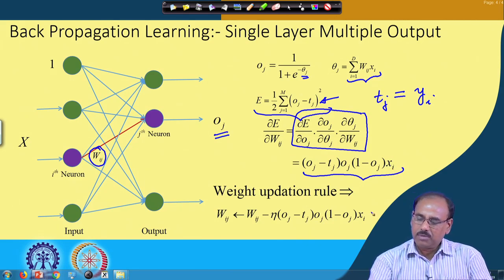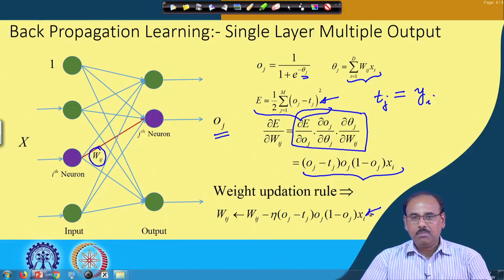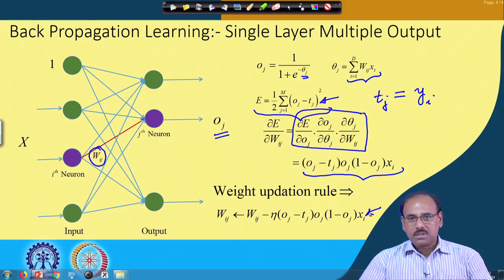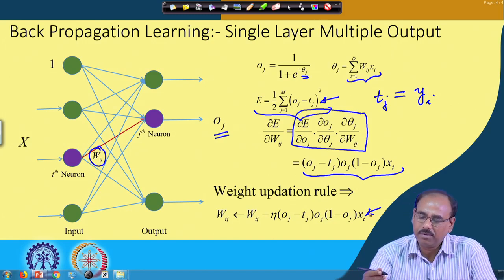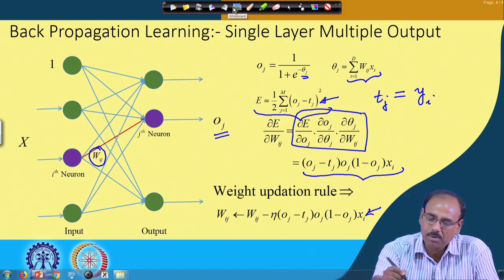Given this, my weight updation rule becomes w_ij gets w_ij minus eta times (O_j minus T_j) into O_j into (1 minus O_j) times x_i, where x_i is the ith component of the input vector and w_ij is the connection weight from the ith node in the input layer to the jth node in the output layer. This is the updation rule that we get in a single layer perceptron when I have multiple outputs.